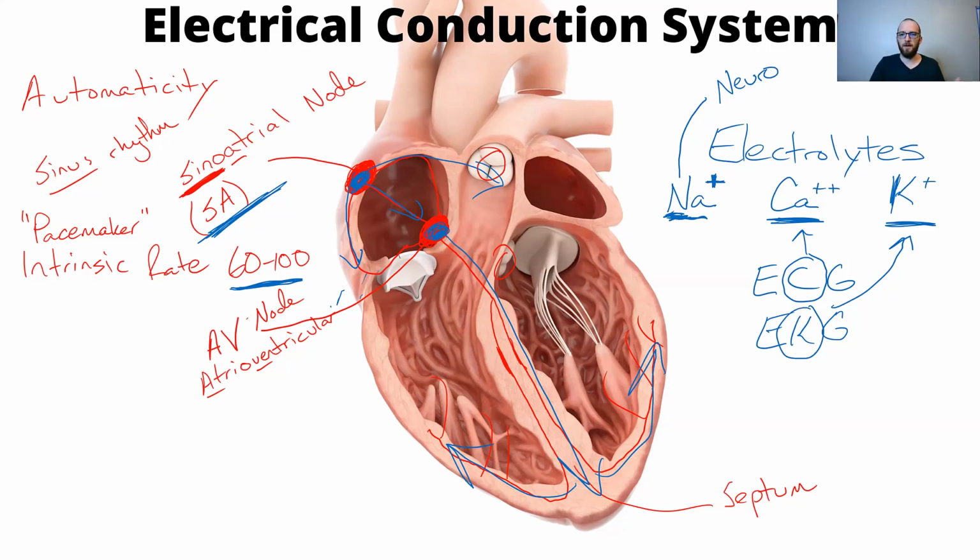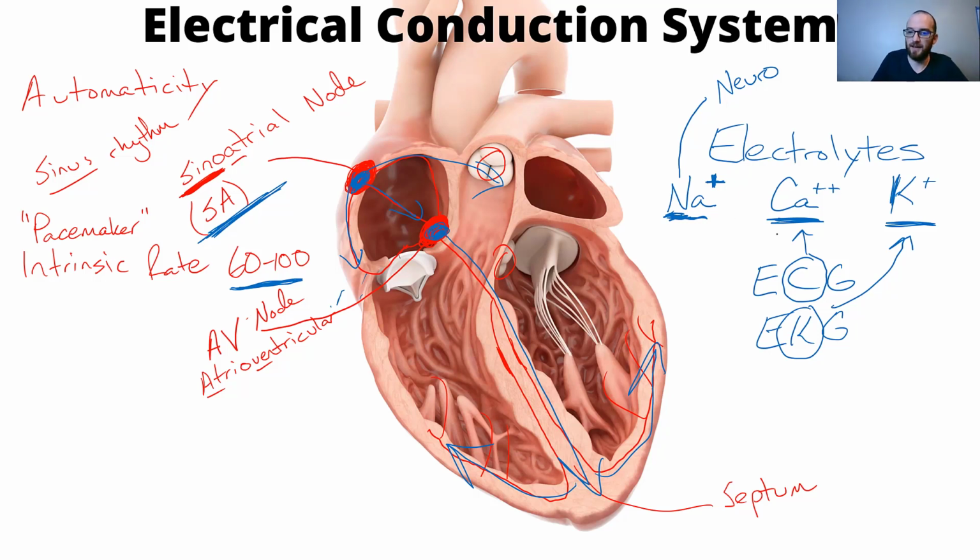Sure. But if calcium and potassium are imbalanced, they're going to hit the heart first, and we're going to have more issues with the electrical conduction system. If sodium is imbalanced, we're going to have issues in the brain probably faster than other places. So calcium and potassium are the big ones for the cardiac electrical conduction system.